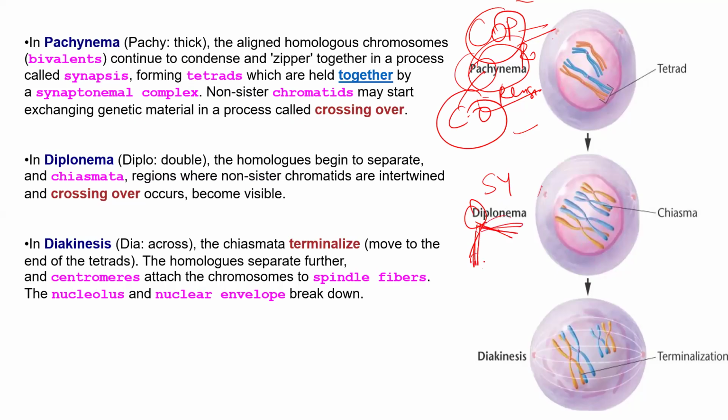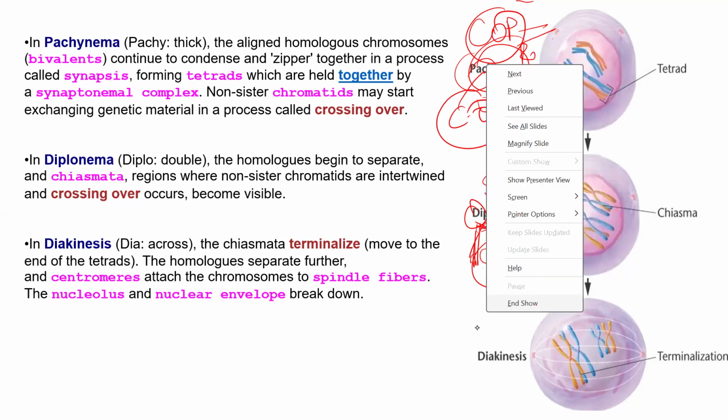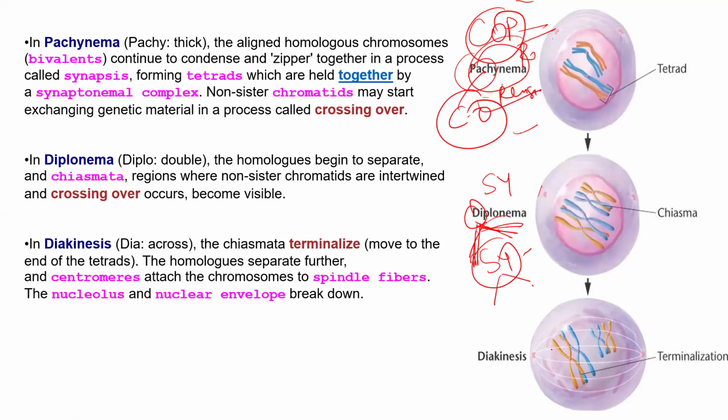So the synaptonemal complex disappears, but the chromosomes remain attached at chiasmata. Diakinesis is the last stage.